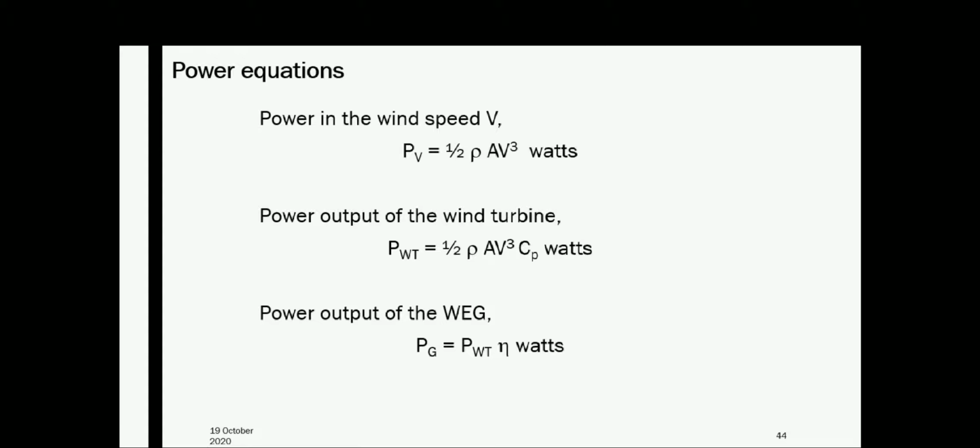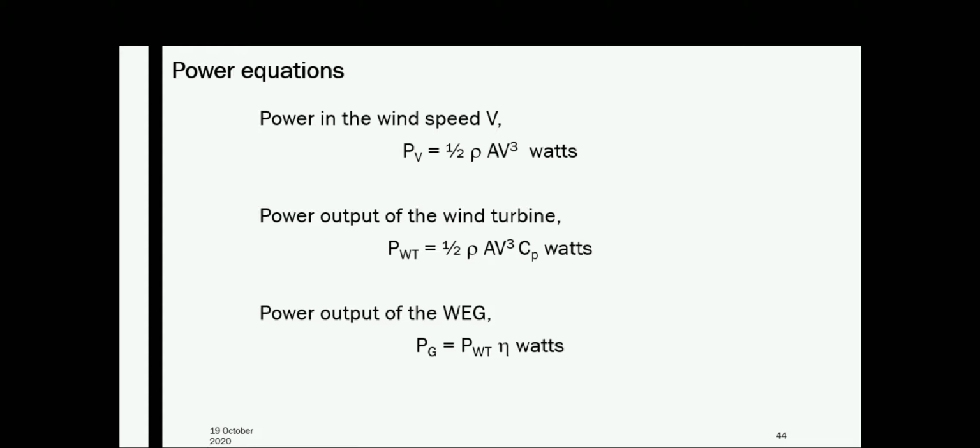In the wind turbine power equation, half rho A V cube into Cp, P is the wind power output, and Cp is known as the power coefficient. Rho is the air density, usually expressed in kilograms per meter cube, V is the wind velocity in meters per second, and A is the swept area of the rotor blade in meter square.